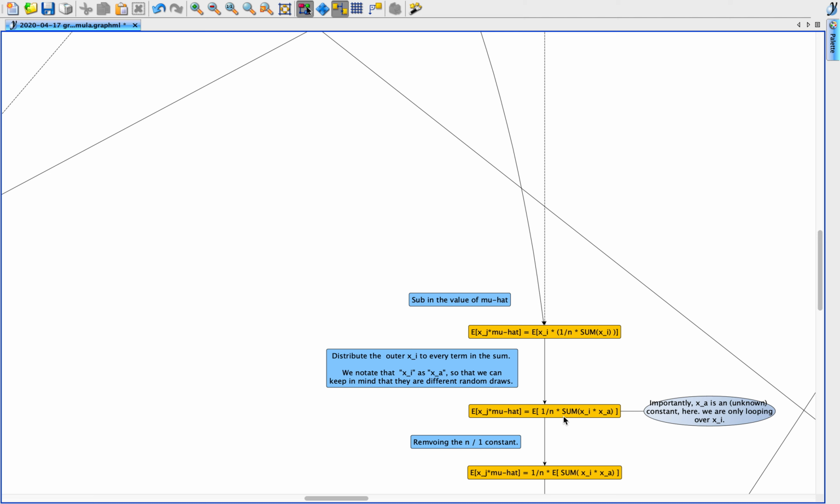So this is a sum over i from 1 to n. And for every i, we're taking xi and we're multiplying it by xa. But xa doesn't change. We took one random draw to get xa, and we're using that one over and over in the sum, where xi is changing for each iteration of the sum. And so that's an important difference that we want to keep track of.